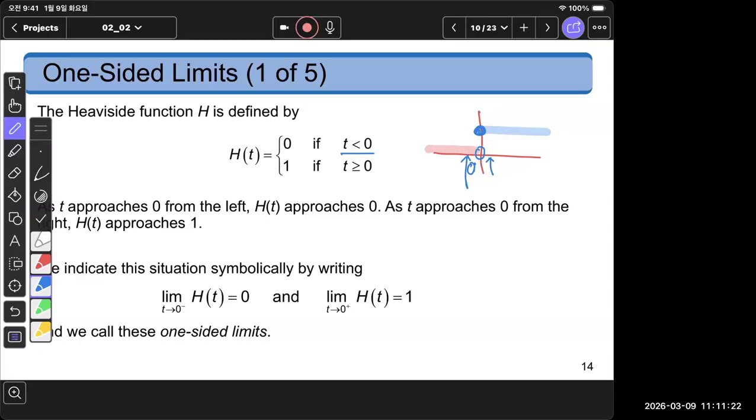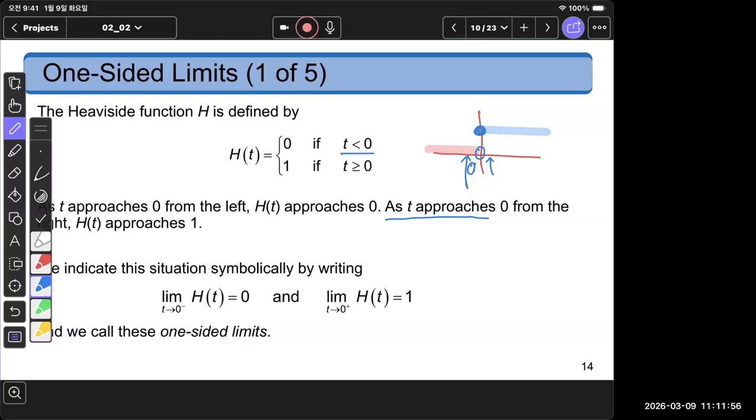So depending on the side, when t is to the left of 0 and close to 0, then the limit will be 0. But if the value is to the right, and approaching 0, then the limit value is 1. So depending on this direction, as t approaches 0, we have two different possibilities.